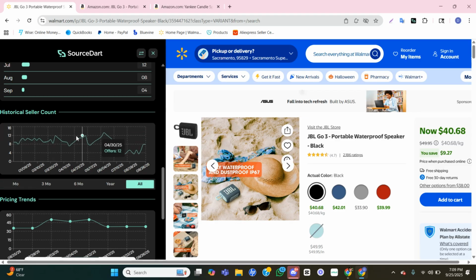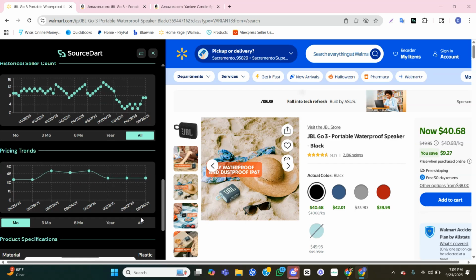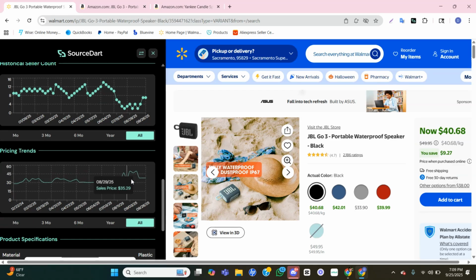You can see the highest offers last May, and the price trend: the highest price is 47 and the lowest is like 29.95.